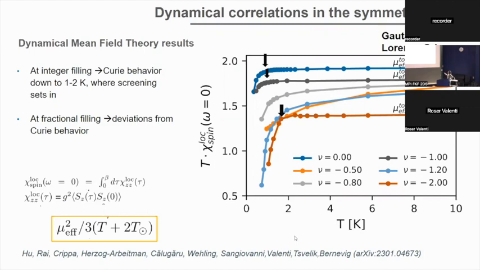And this is what is observed at the integer fillings. So at integer fillings there are unscreened moments, which is in agreement with the fact that one is observing an almost insulating state, while for the fractional fillings, there is a deviation from the Curie behavior already at high temperatures. So there is a screening which is telling you that we are in this metallic state.